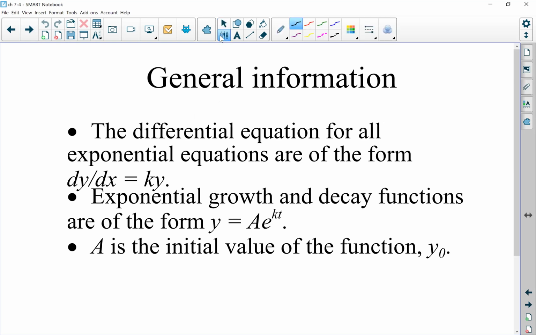So just in general, the differential equation for all exponential equations would be in the form dy over dx, or sometimes it's dy over dt because exponential growth and decay depend on time, is equal to some constant times y. And so if we solve this differential equation, we would get y equals some constant a times e to the kt.